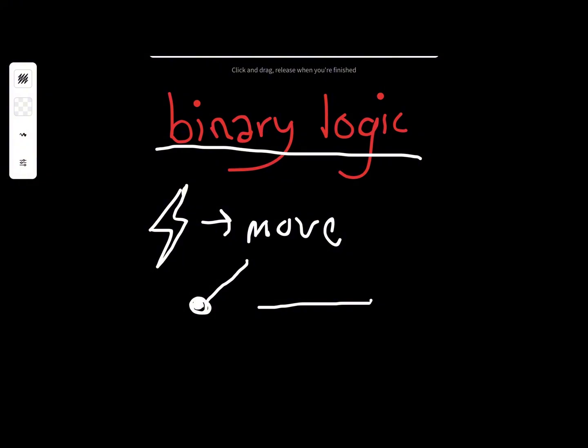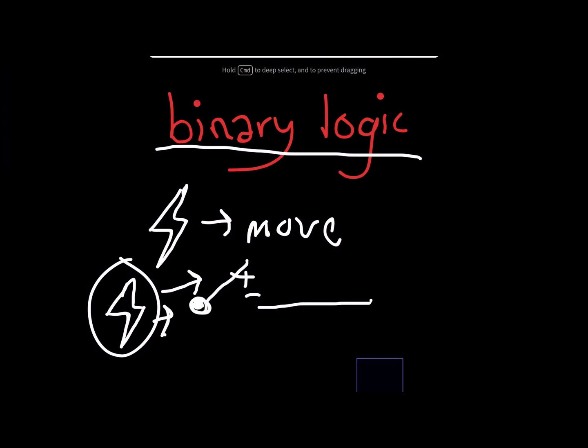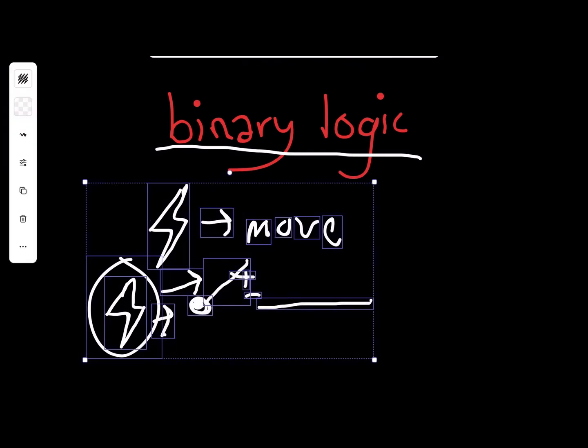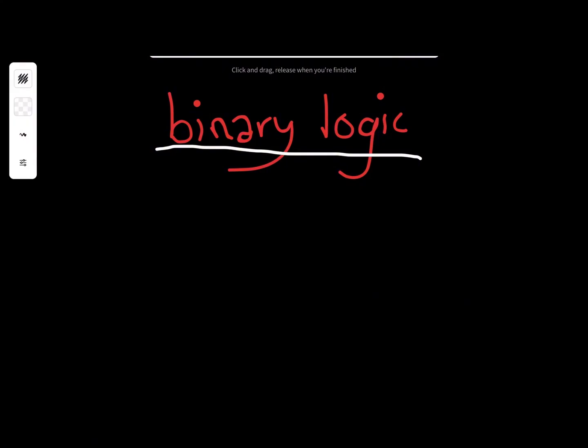Now, the basic idea is that if I send electricity over here, it's going to cause magnetism, which is going to attract here and here. And this is just basic magnetism. Electricity causes magnetism. And if you guys are confused about this, don't worry too much. We're just going to be focusing on the math of it all. But electricity causes movement.